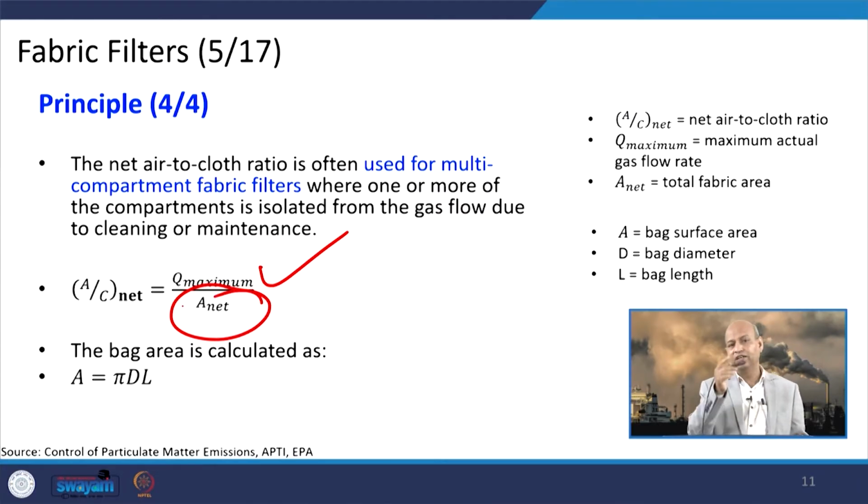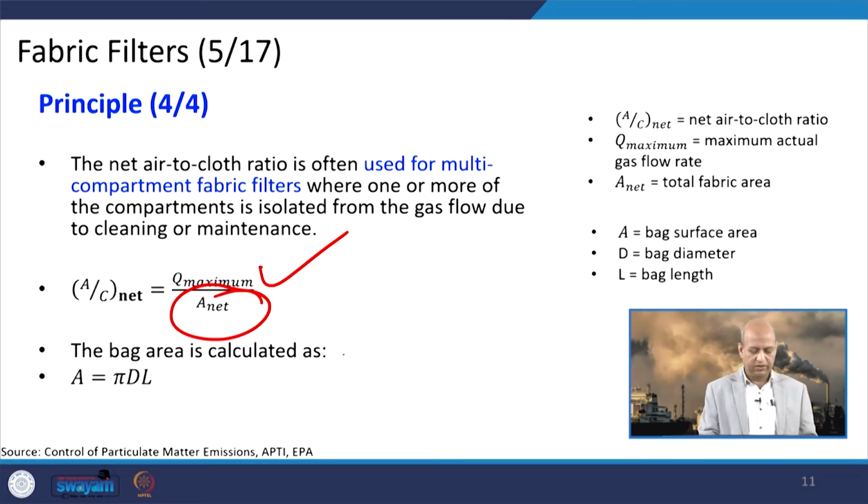In that case, the net air to cloth ratio is Q maximum divided by A net. Earlier we used A total, now this is the net area which is in operation, whereas in A total we use all the cloth area.